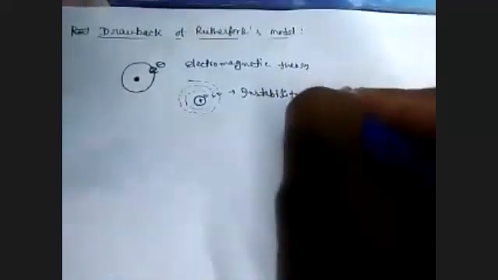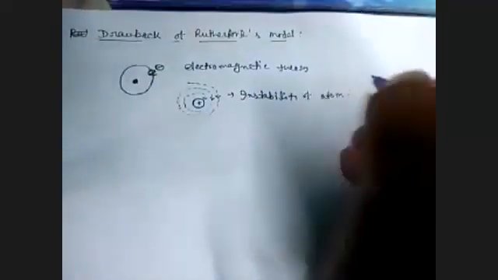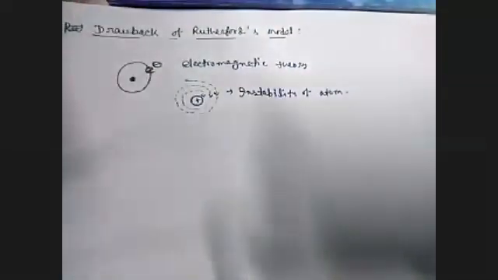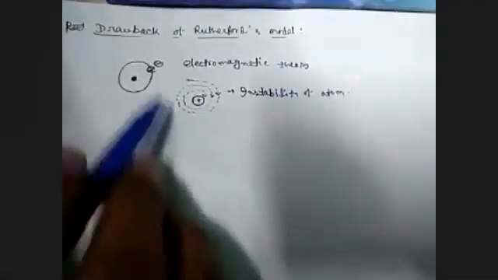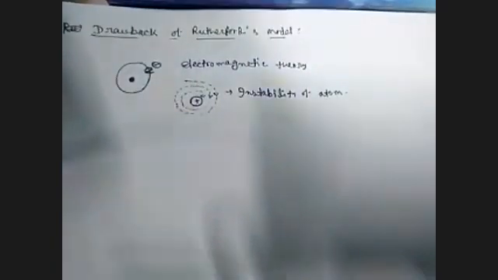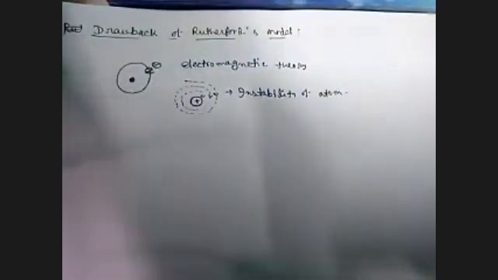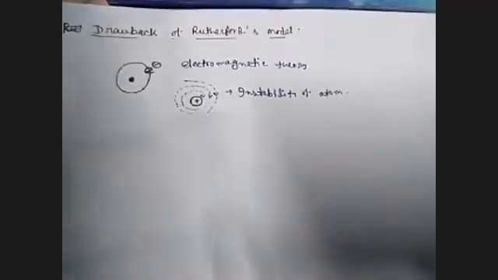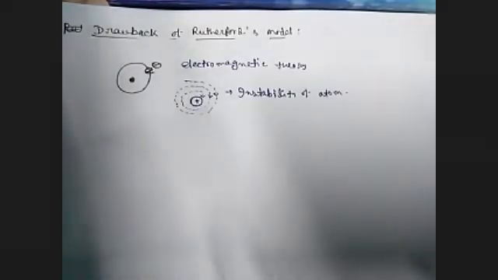Instability of atom. Due to electromagnetic theory, it was proved by scientists that if any charged substance is moving, it will release its internal energy.